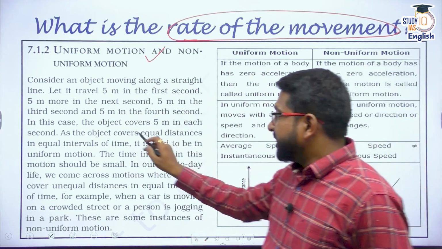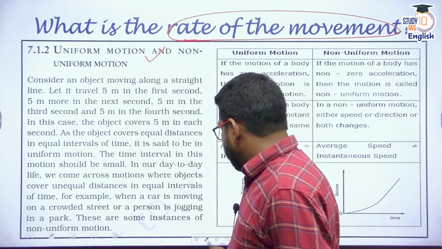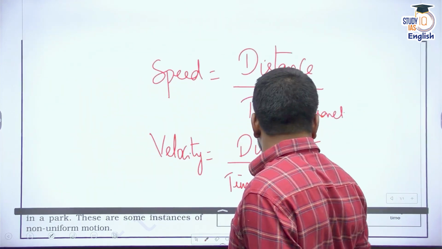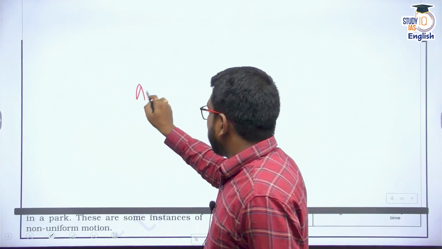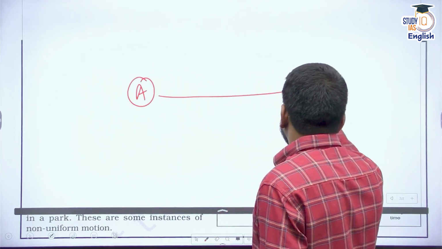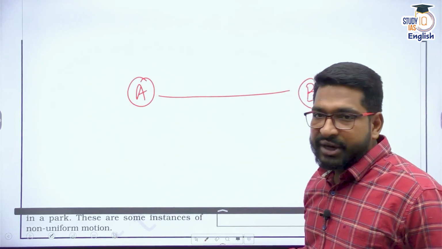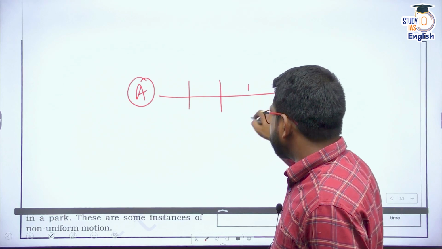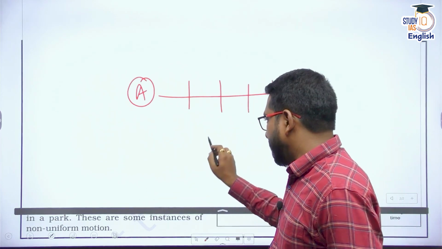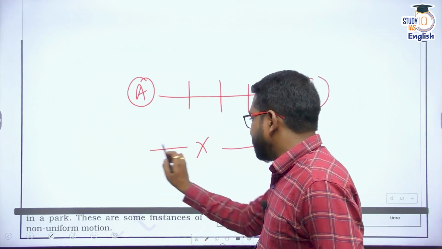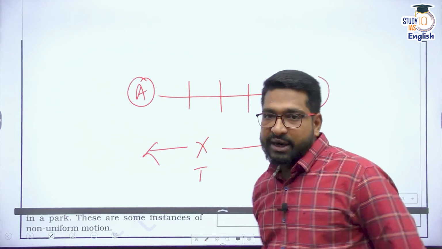Meaning, let me take up the board here. Say this is point A and this is point B. Now, if I divide this entire journey from point A to point B, it has some distance, some time traveled. Say x is the distance that has been covered and t is the time that has been taken to cover this.